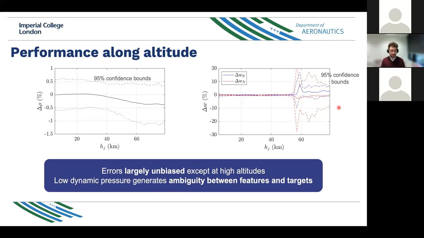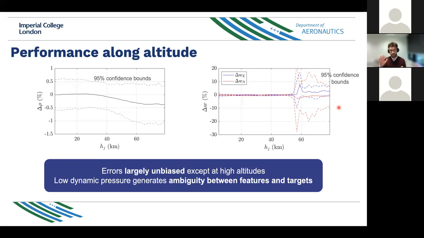And this is essentially because of an ambiguity that happens with wind. At high altitudes, we encounter layers of the atmosphere that are very, very rarefied, so the density is very low.